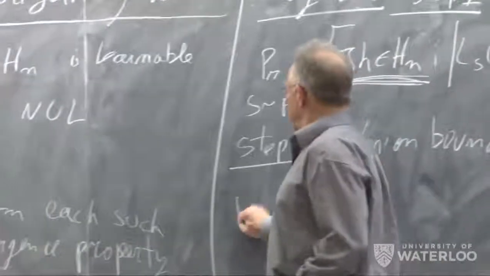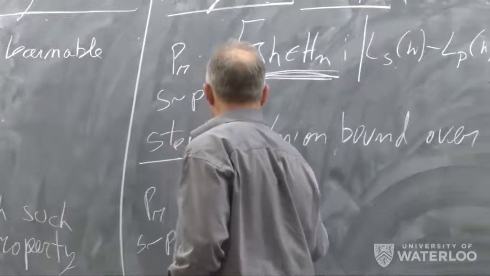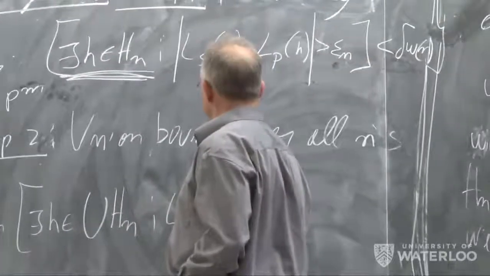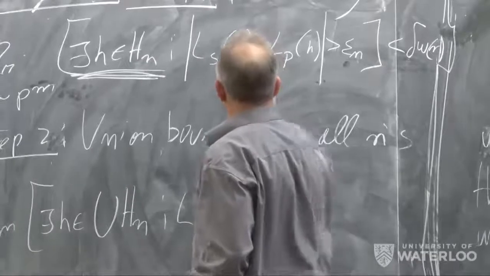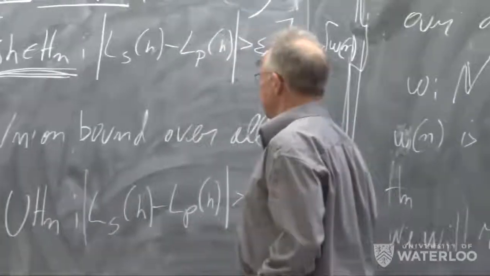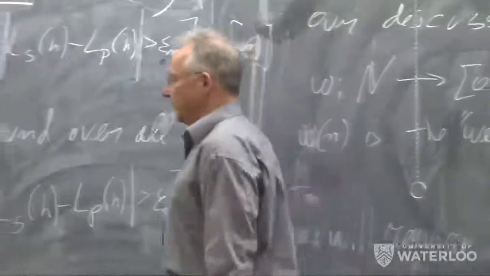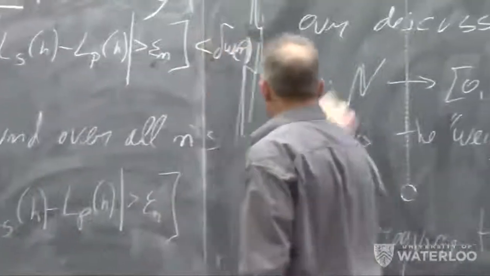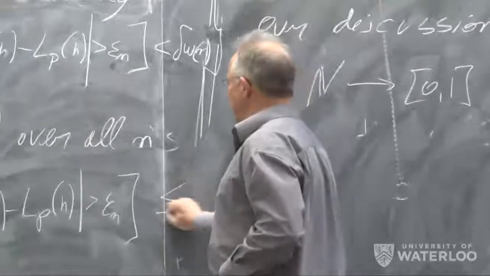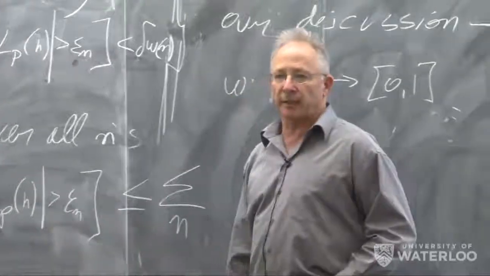So if I want to know the probability over S that there exists an h in the union of all the Hn's such that the same thing happens, L_S of h minus L_P of h is greater than epsilon n, and I estimate this probability using the union bound, it is going to be less than or equal to the sum over all n of the probability that this will fail for Hn.